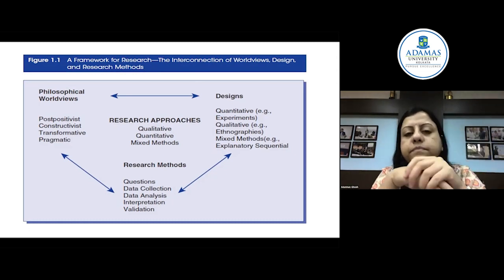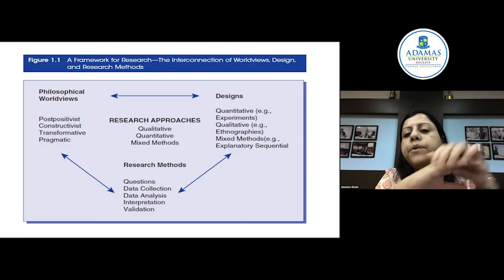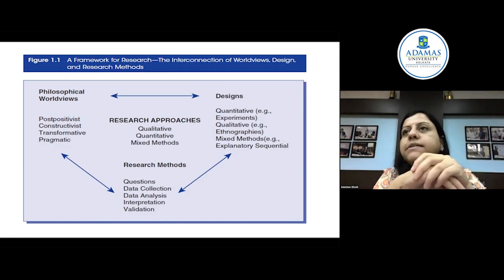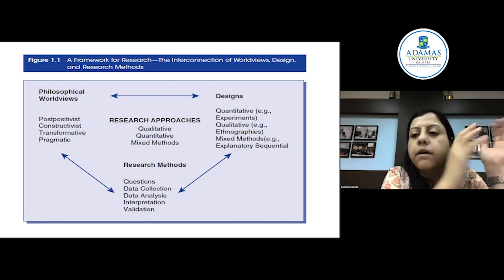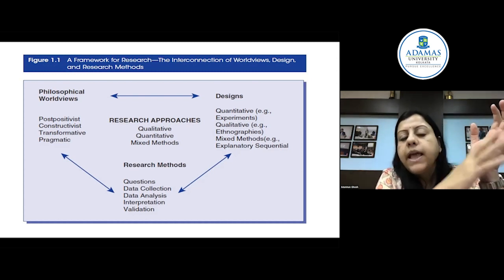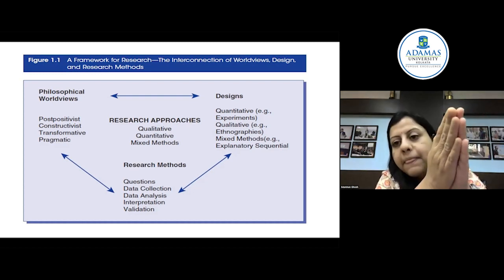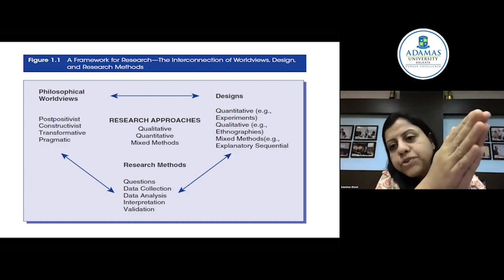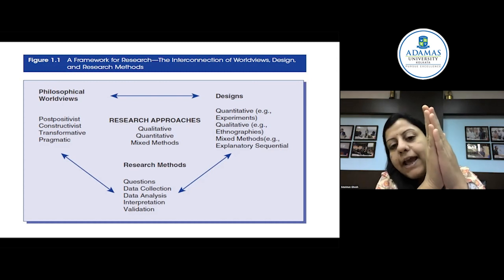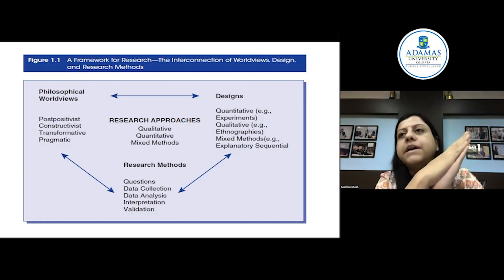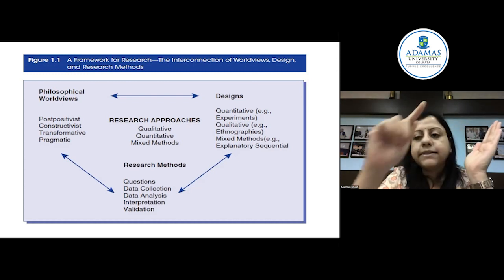Before we come to approaches of research, there are philosophies or worldviews. Based on those philosophies come our approaches, based on those approaches comes our design, and based on that design come our methods. So this is a chain.